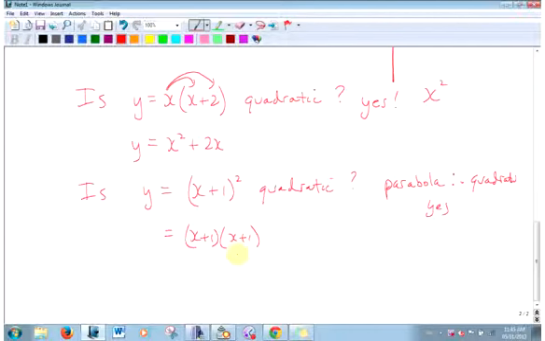And you remember foiling? When you have a binomial times a binomial, we get an x squared term. First, outside, inside, last. You can simplify it if you want, but we don't really care. We just want to make sure we see that squared part. That's definitely quadratic.